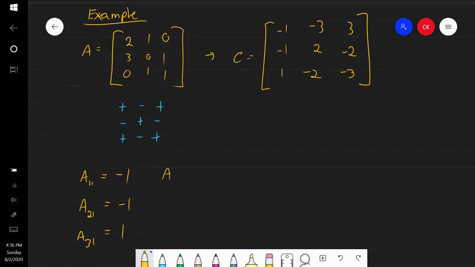So now let's go down the next column here. So we'll take A12, A22, and A32, and make each of these calculations. So here we're going to cross out the second column and progressively work our way down each of the 3 rows. So if I cross out the first row, then the determinant is 3 minus 0, so it's 3.